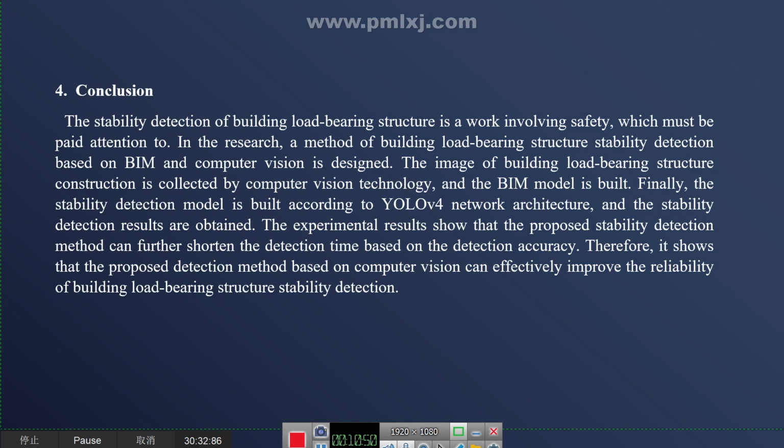Therefore, it shows that the proposed detection method based on computer vision can effectively improve the reliability of building load-bearing structure stability detection.